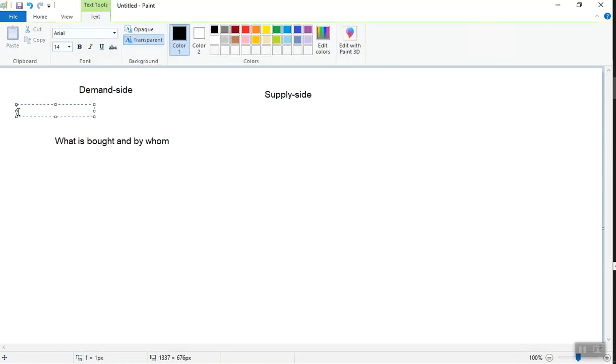So GDP, or gross domestic product, is made up of consumption spending, which is a function, remember, of interest rates and taxes. More on that in a second. Plus investment spending.